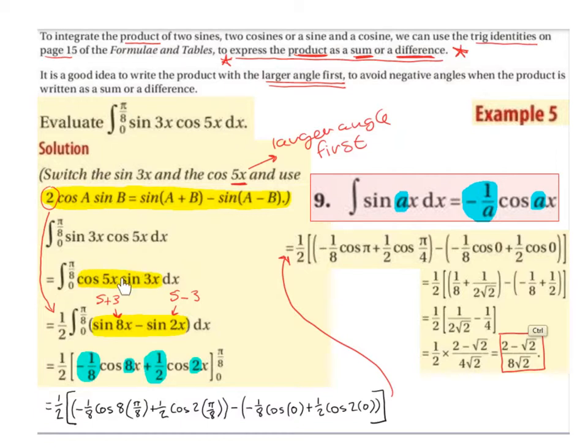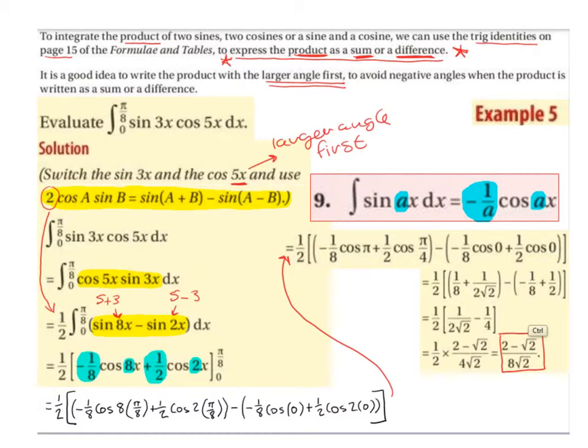Hopefully you recognize this from one of your trig identities. It's very similar to 2 cos A sine B. So instead of A we have 5x, instead of B we have 3x. But what's missing from what we have is the 2. So the 2 comes down here and becomes a half, and it goes outside the integral.